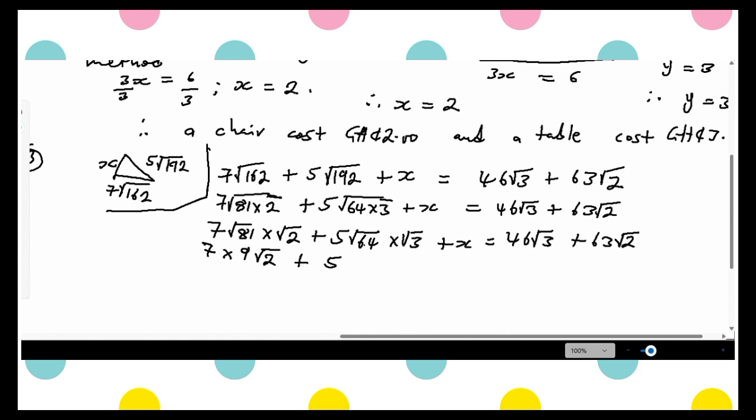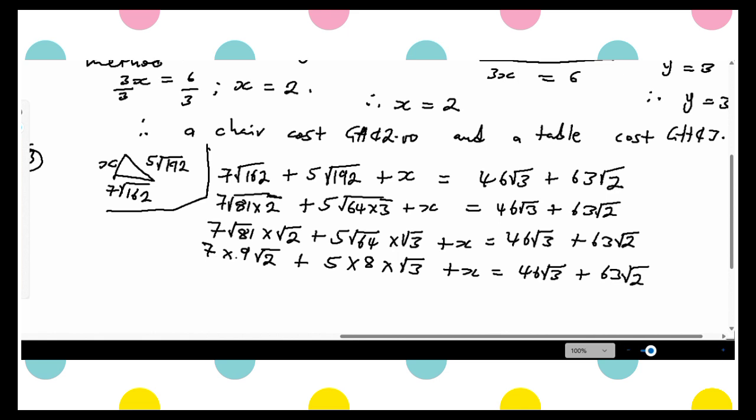Then 64 is also a perfect square. So what number can I multiply by itself to get 64, which is 8, right? So 8 times root 3 plus x is going to give us 46 root 3 plus 63 root 2.